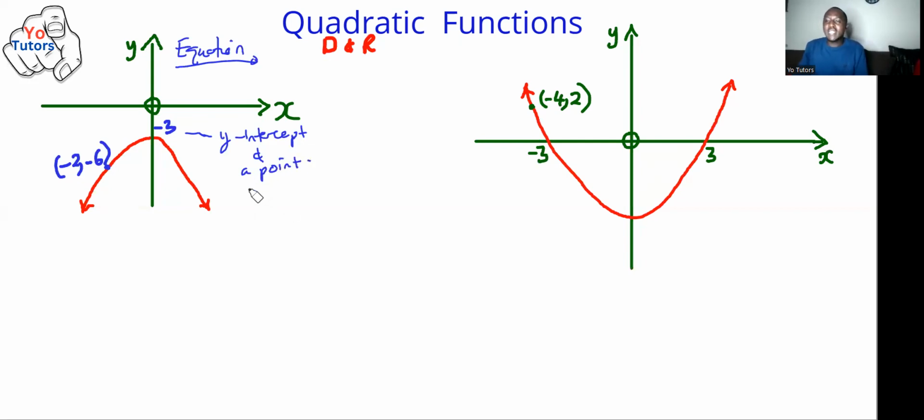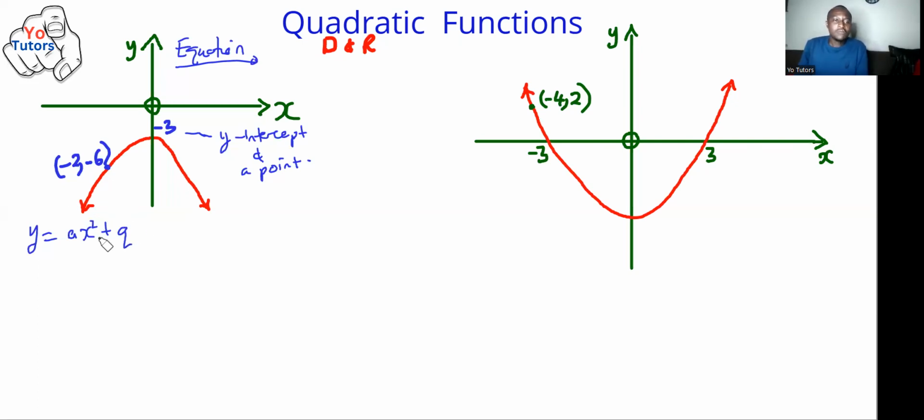How do we deal with that? When you're given the y-intercept and a point, we know that from our equation, y is equal to ax squared plus q.